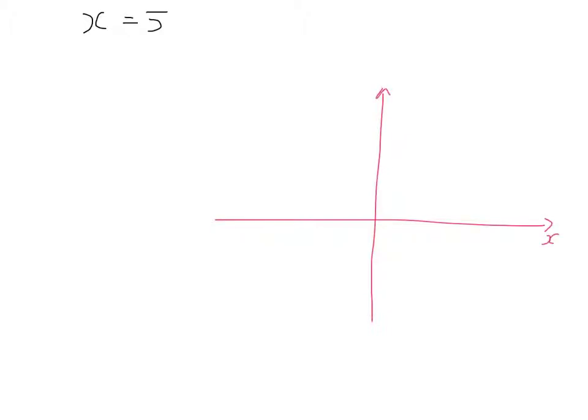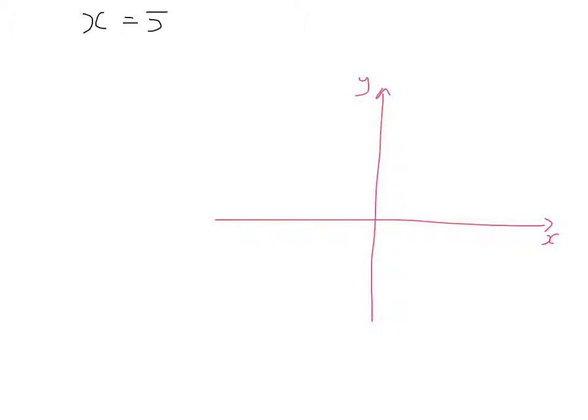And the fourth one of those graphs that we're going to sketch now is x is equal to 5. A little bit like the y graph, an easy graph to draw. We'll draw our axes, x and y.